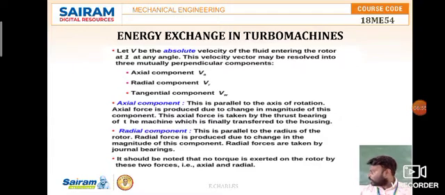Please kindly know the difference between these two. For example, I'll take this as an example. Imagine that this is the axis of rotation, and here you have a turbine, and it is rotating like this. For better understanding, I'm going to show you this demonstration.